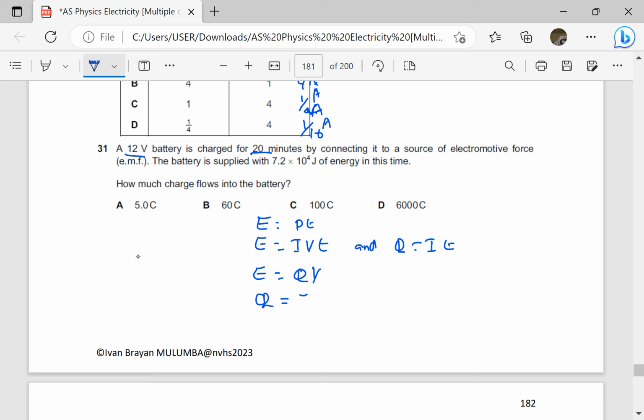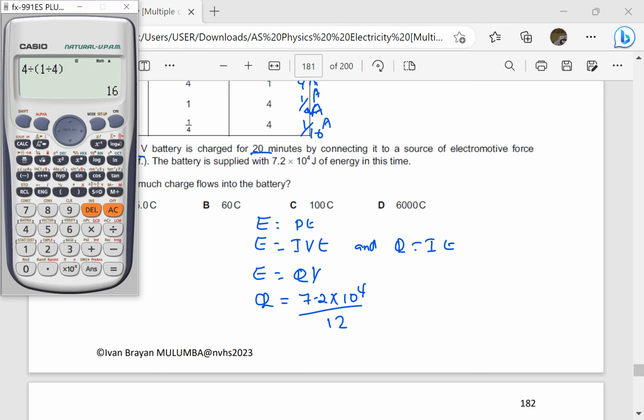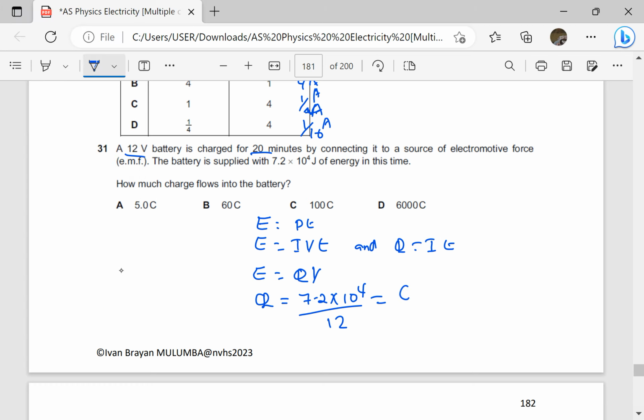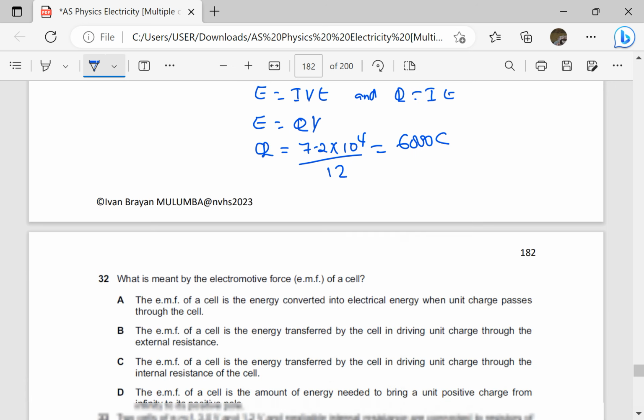Charge is going to be the energy, which is 7.2 times 10 power 4, divided by PD, which is 12. So 7.2 times 10 power 4 divided by 12 gives us 6,000 coulombs. So our answer is going to be D.